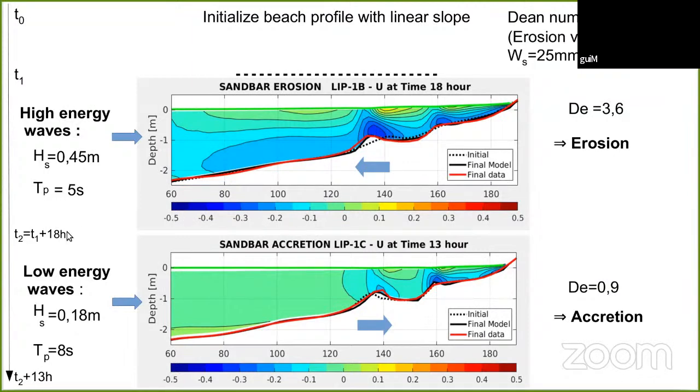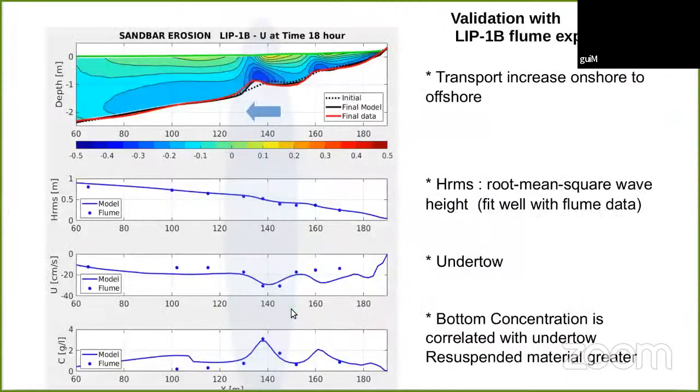Again, 18 hours later, we change the forcing on this side and put low energy waves. This means that we have accretion and a transport onshore of the sandbar. So I think that's all for this.